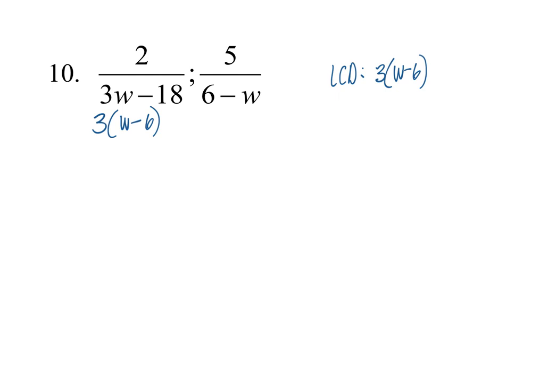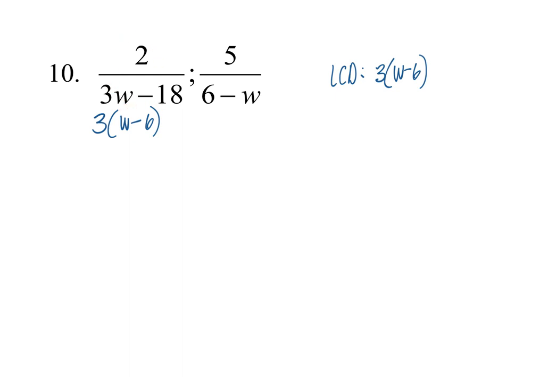So for our equivalent expressions, the 2 over 3w minus 18. See, it factored into 3 times w minus 6, which was our LCD. So we don't need to write an equivalent expression for that one. Its denominator is the LCD.